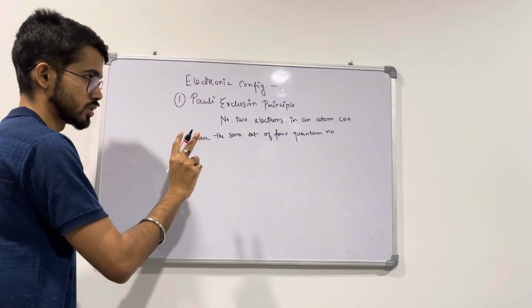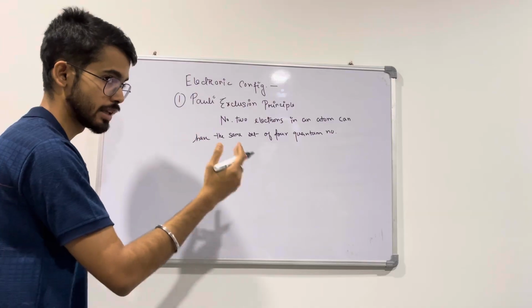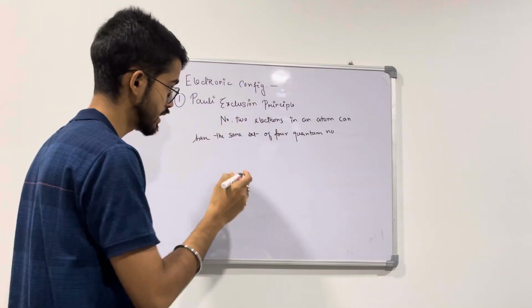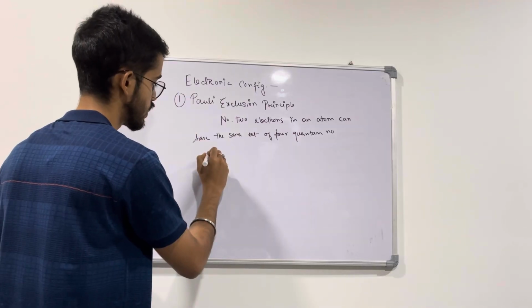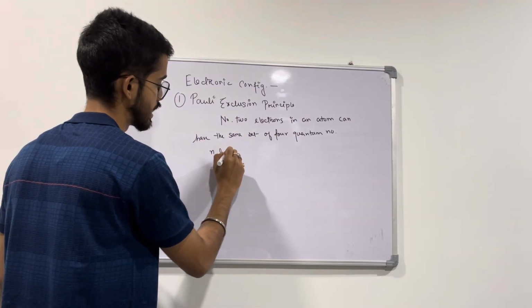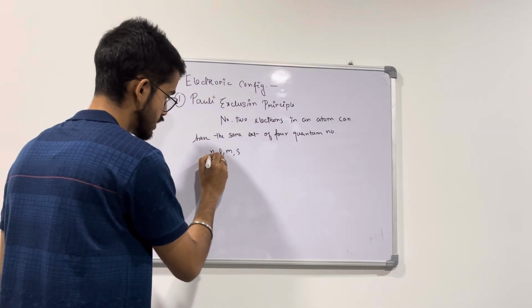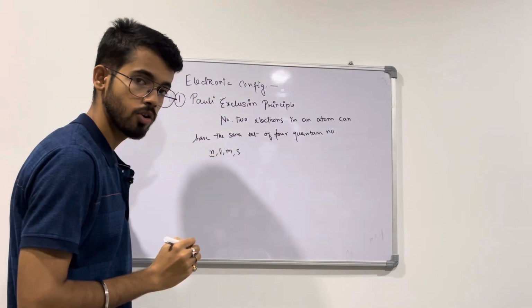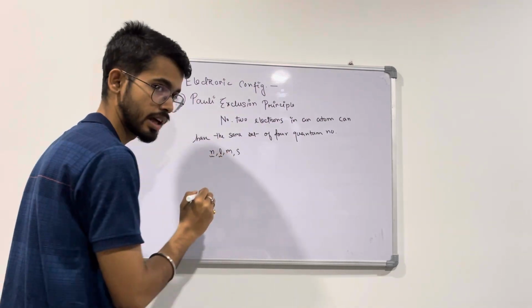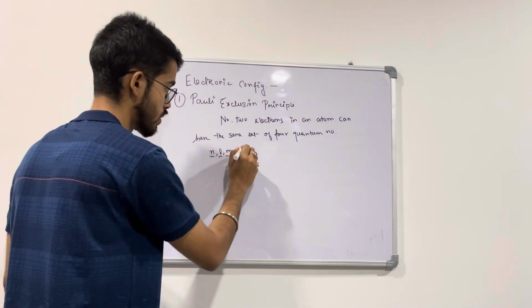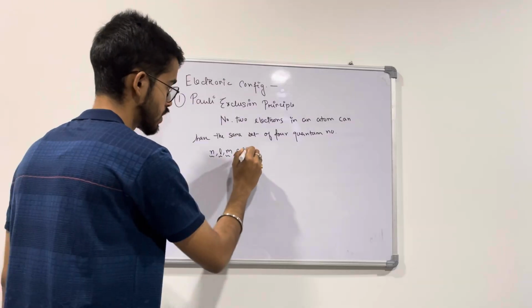If we consider any 2 electrons of an atom and count their quantum number values n, l, m and s, these 2 electrons may have the same value of n, same value of l, same value of m, but a different value of s, means one will be plus, one will be minus.